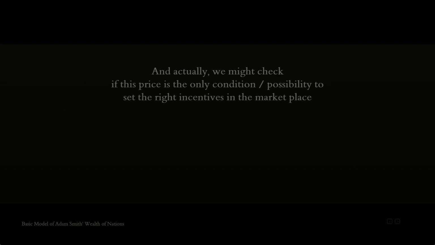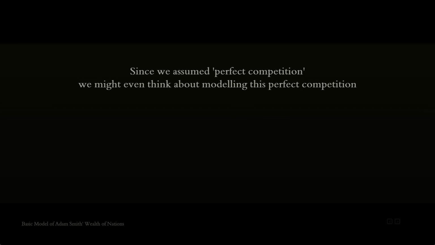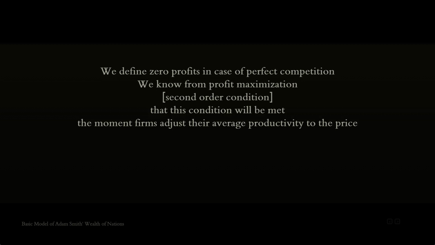And actually, we might check if this price is the only condition, possibility, option to set the right incentives in the marketplace. And it is not, of course. Since we assume perfect competition here, or Smith did, we might even think about modeling this perfect competition. We might define zero profits in case of perfect competition.